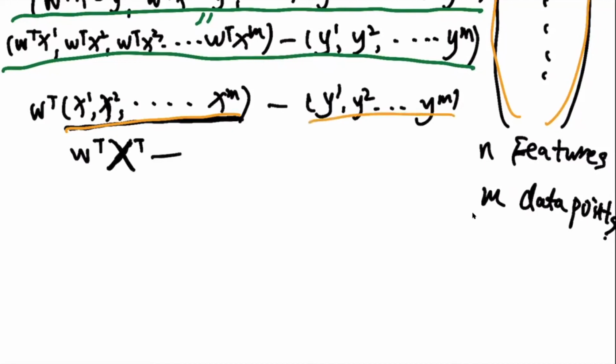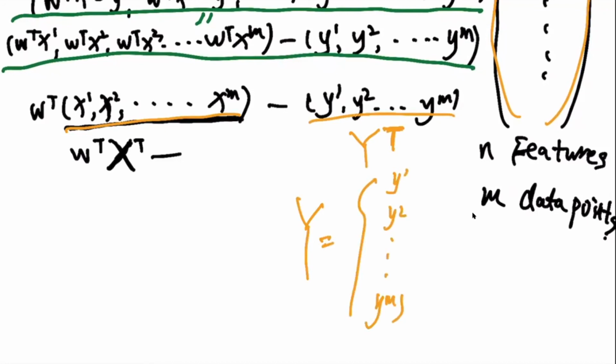This actually is Y transpose. I use uppercase Y to represent all of the labels: Y1, Y2, up to YM. It's an m by 1 matrix, but its transpose is 1 by m, right? 1 by m. And I will clear this.